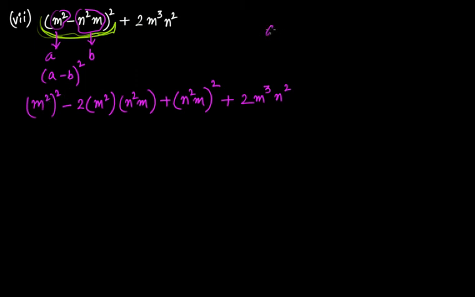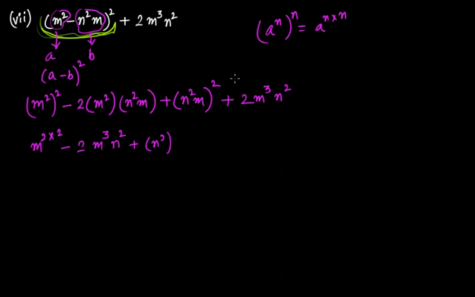It's of the form (a raised to power n) whole raised to power n. This is actually equal to a raised to n multiplied by n. So this is m raised to 2 multiplied by 2, minus 2 m squared n multiplied by m. This is m cubed. Then you have n squared, plus again of the same formula. So this becomes n squared.